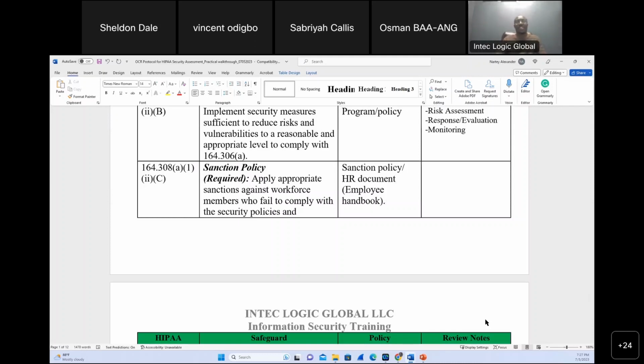And when you see a sanction policy or HR document that talks about sanction, what are some of the terms that you want to see within that statement?